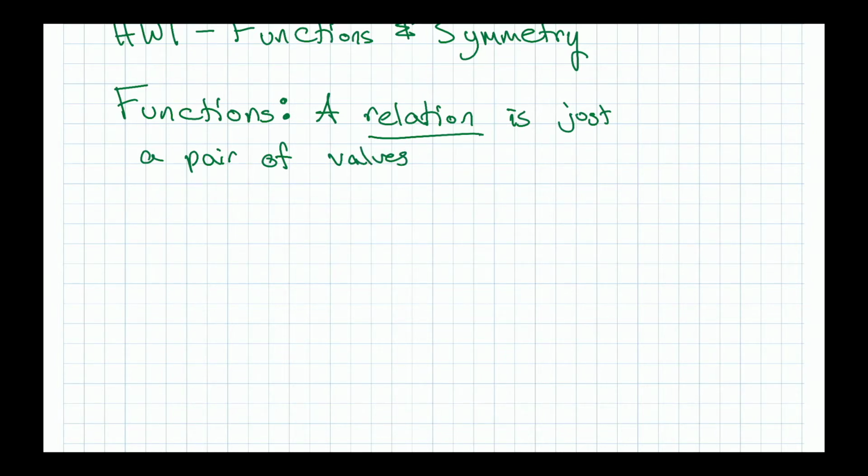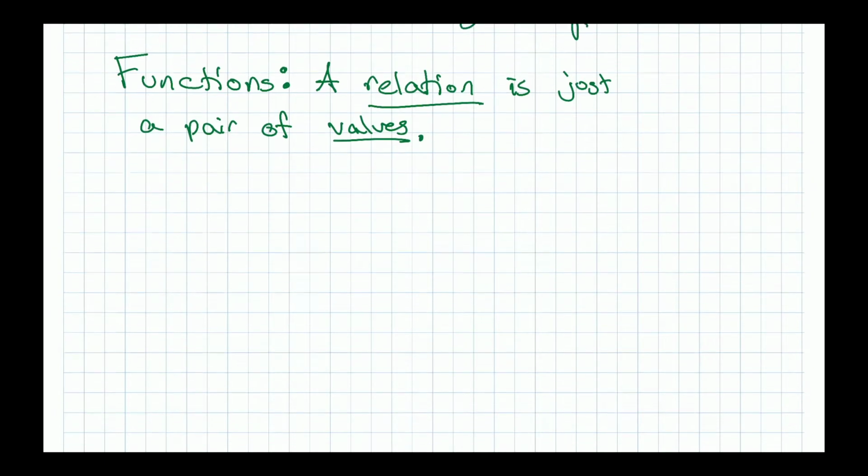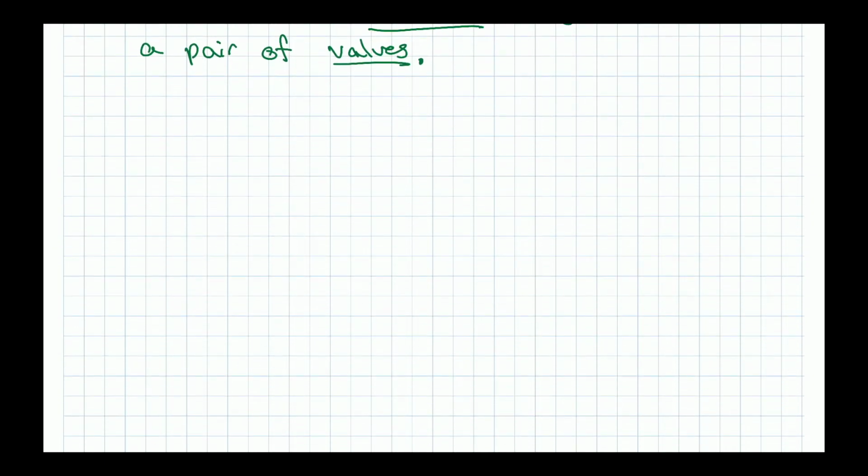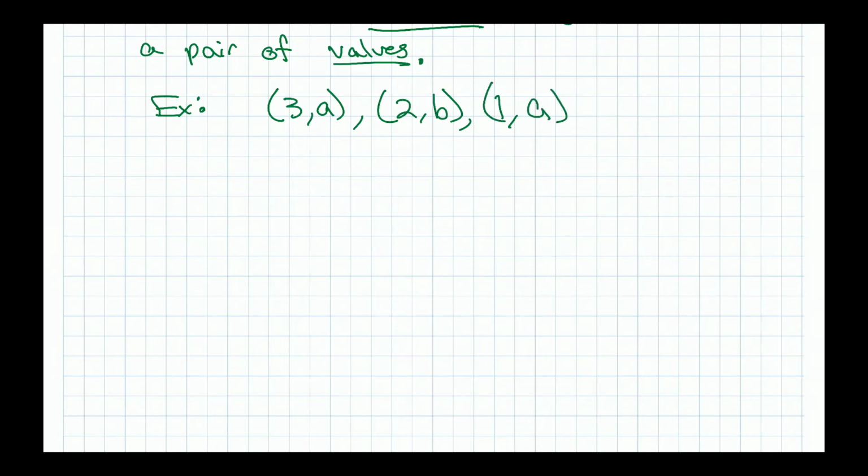Now I say values, but technically it could be two things of any sets. For example, here's a relation: 3 comma A, 2 comma B, 1 comma A. This is a relation.